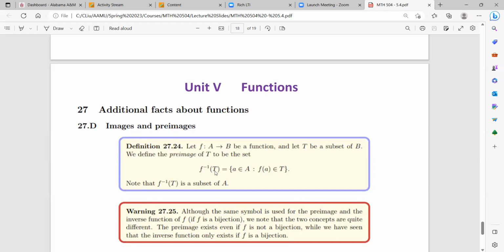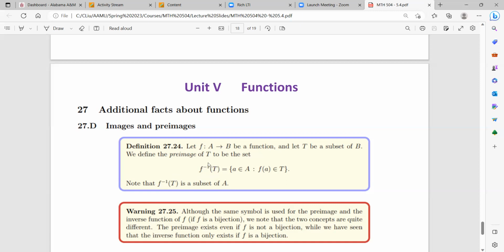But inverse functions only exist for bijective functions. You cannot talk about inverse functions for functions that are not bijective. Okay, so that's different. They share the same notation, but the meaning is quite different in each case.